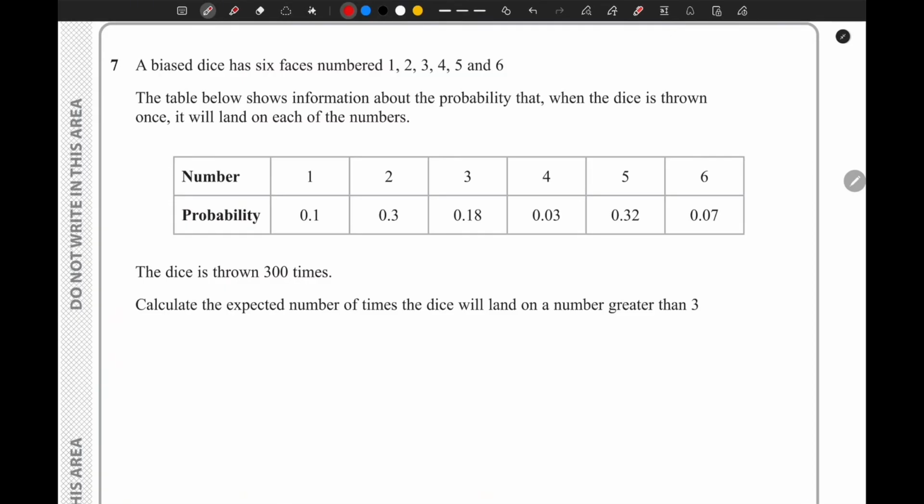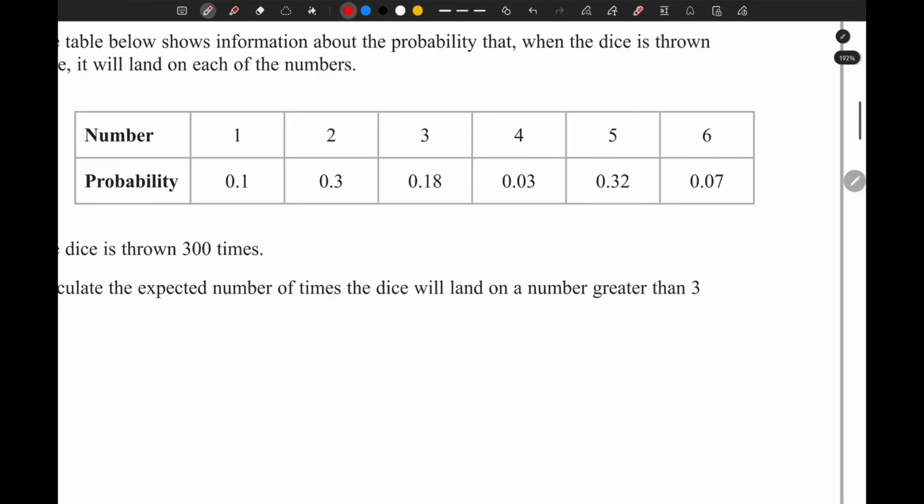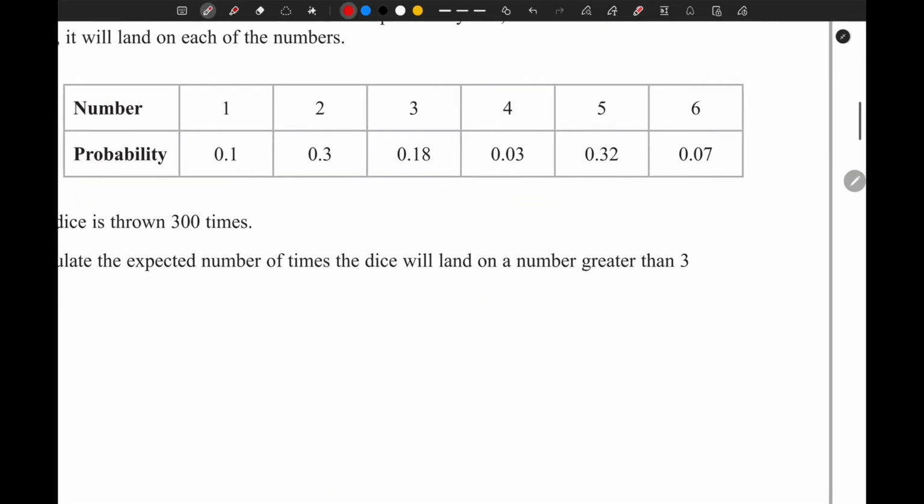Let's first find out the probability of the dice landing on a number greater than 3. So they're talking about these three numbers. So the total probability would be the summation of these three values, which will be equal to 0.42. So we know the required probability.